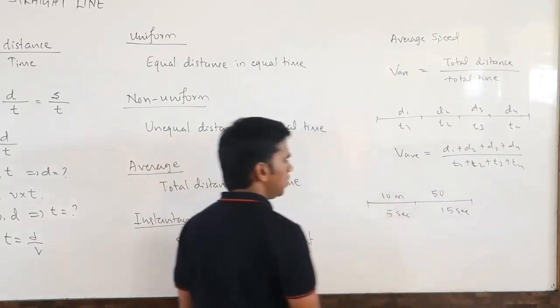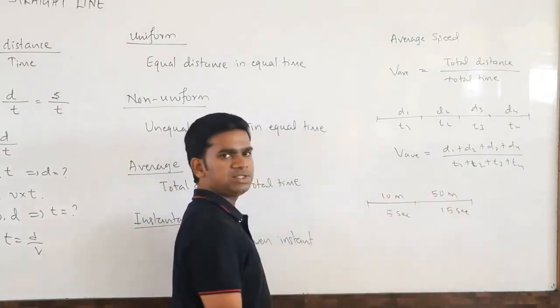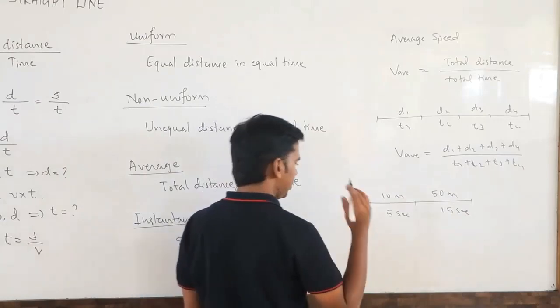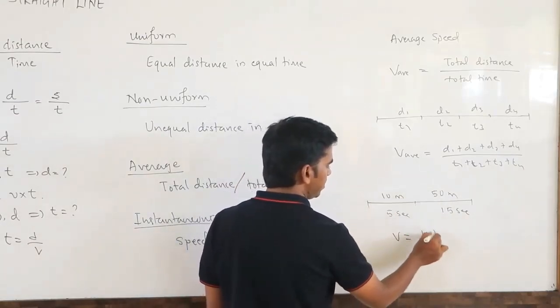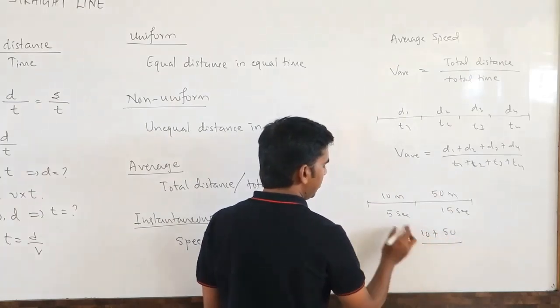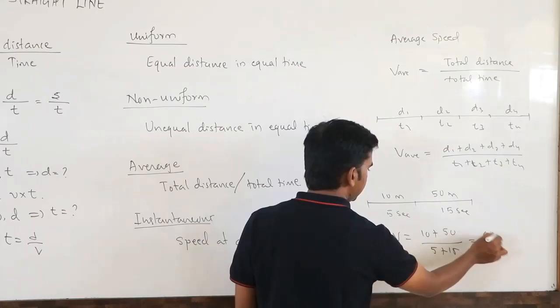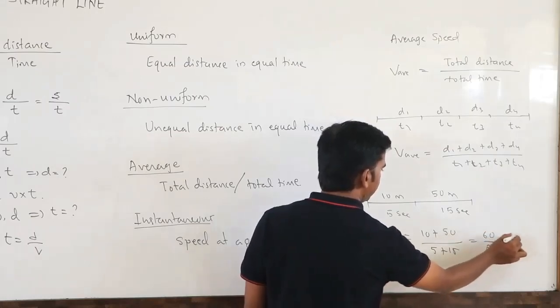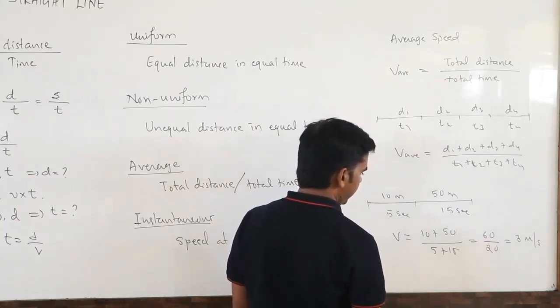Now if you want to calculate the average velocity or average speed, v equals d1 plus d2, that is 10 plus 50, divided by 5 plus 15. So this will become 60 divided by 20. That is going to be 3 meters per second.